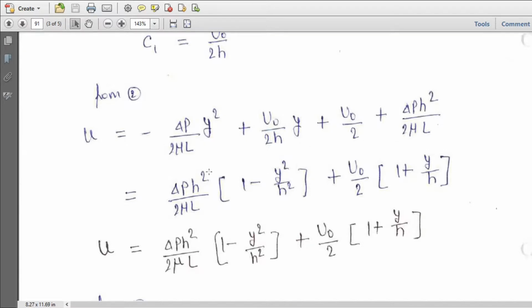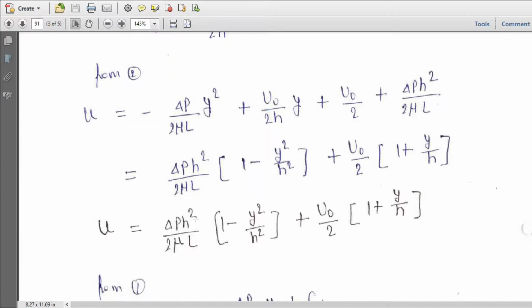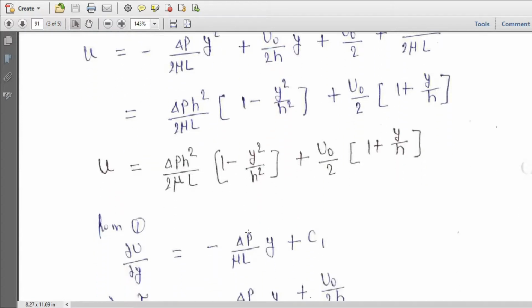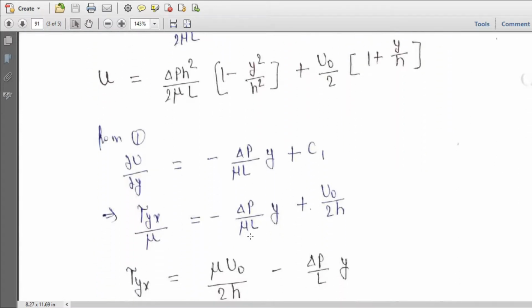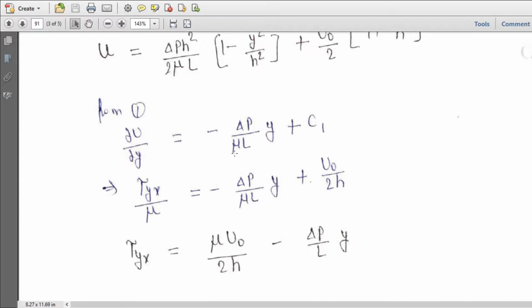And if we take the simplified form of that, U equal to delta P H square upon 2 mu L times 1 minus Y square upon H square, plus U naught by 2 times 1 plus Y upon H. Now from equation 1, integrating that, we have the expression for shear stress tau yx equal to minus delta P upon L y plus mu U naught upon 2H.